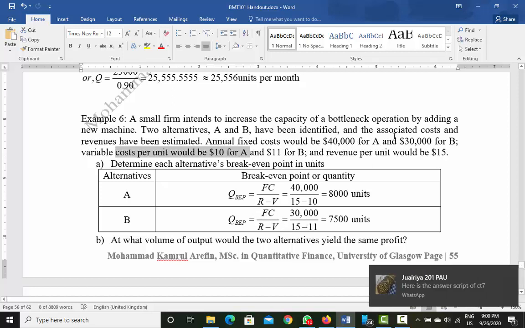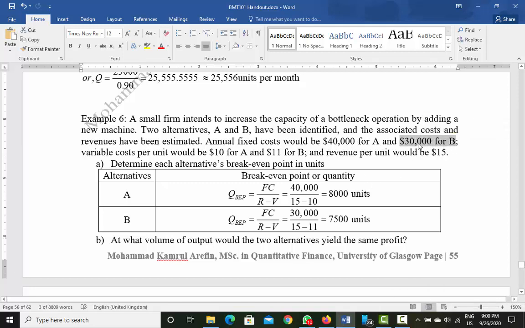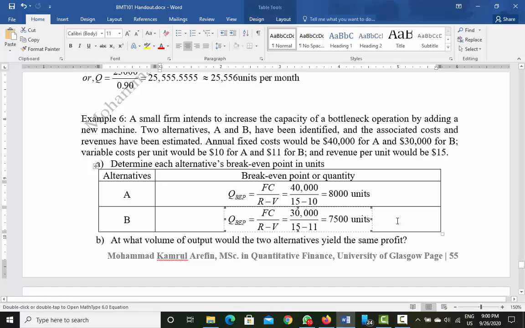For alternative B, fixed cost is $30,000, divided by revenue, which is the same for both, $15, minus variable cost, which for alternative B is $11 per unit. If you calculate, you will see that we get 7,500 units. That is the break-even point for alternative B.